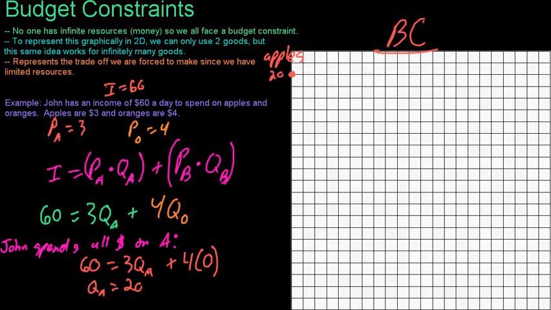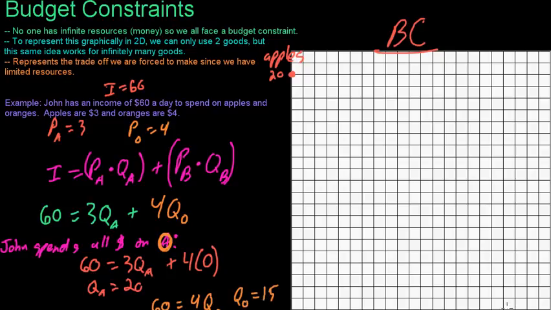Now, same thing for oranges. If he spends all of his money instead on oranges, then we have 60 is equal to 4 times the quantity of oranges that he buys. 60 divided by 4 is 15, so the quantity of oranges is equal to 15.